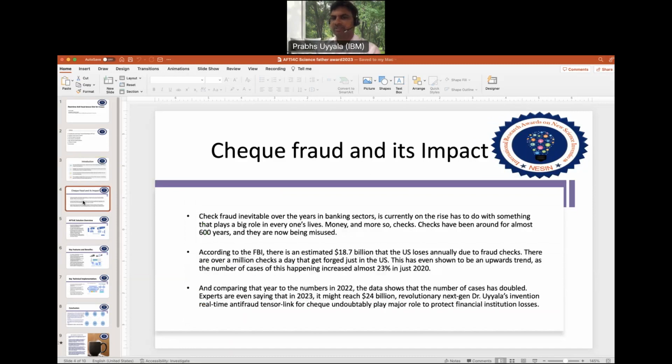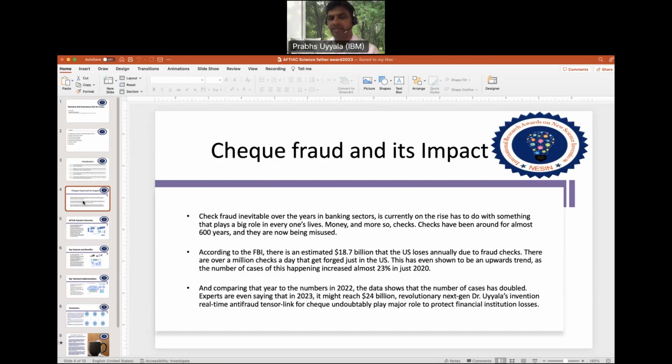What is check fraud and its impact? Check fraud has been inevitable over the years in the banking sector. It's currently on the rise, and has to do with something that plays a big role in everybody's lives: money, and more so, checks. Checks have been around for almost 600 years and they're now being misused. According to the FBI, an estimated 18.7 billion US dollars is lost annually due to check fraud.